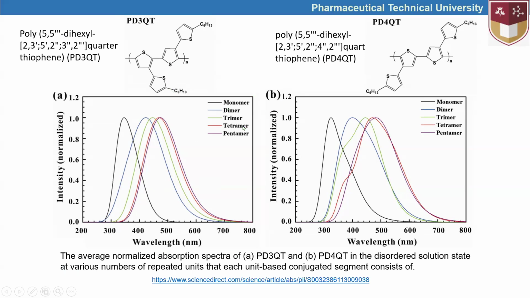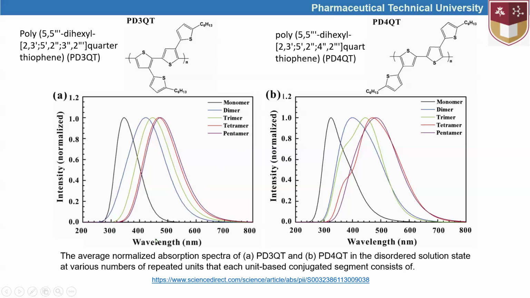As this compound forms dimers, trimers, tetramers, or pentamers, here we can see the shift of the peak and absorbance towards the visible spectrum. In monomers, the peak belongs to 345, something like that. Between pentamers and tetramers there's no big difference.